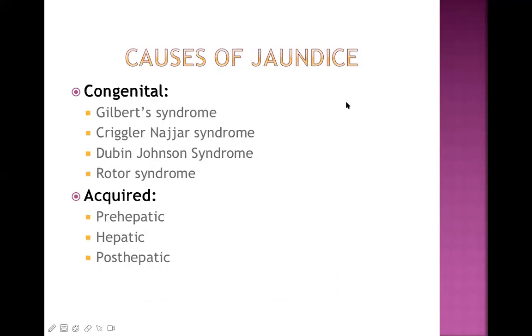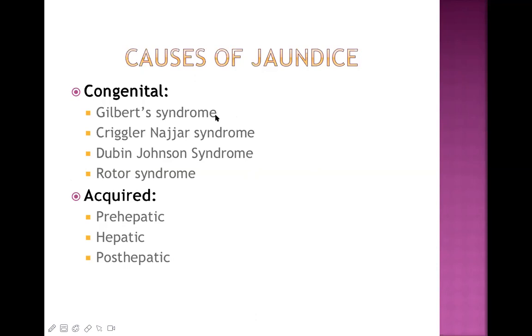Now with this information, let's talk about the causes of jaundice, and we roughly divide them into different headings like congenital and acquired. Congenital means the problem has occurred from the time of birth: Gilbert syndrome, Crigler-Najjar syndrome, Dubin-Johnson syndrome, and Rotor syndrome. Gilbert syndrome is the mildest among them all.